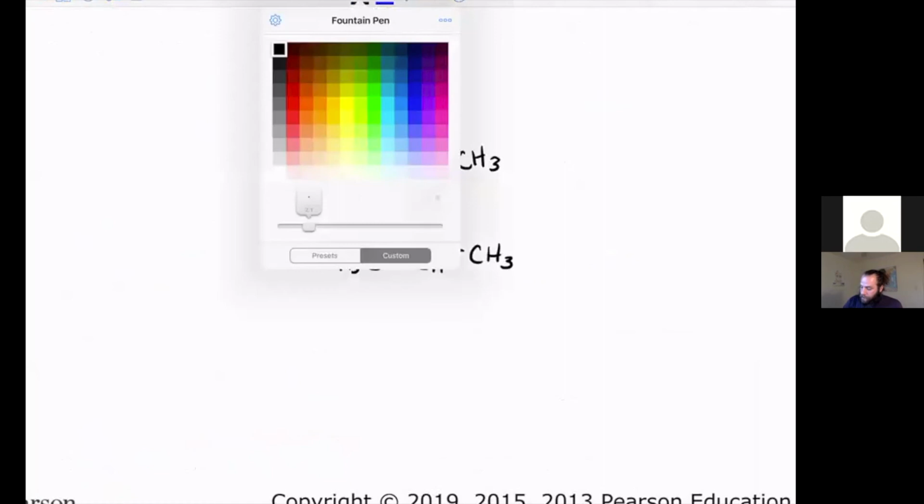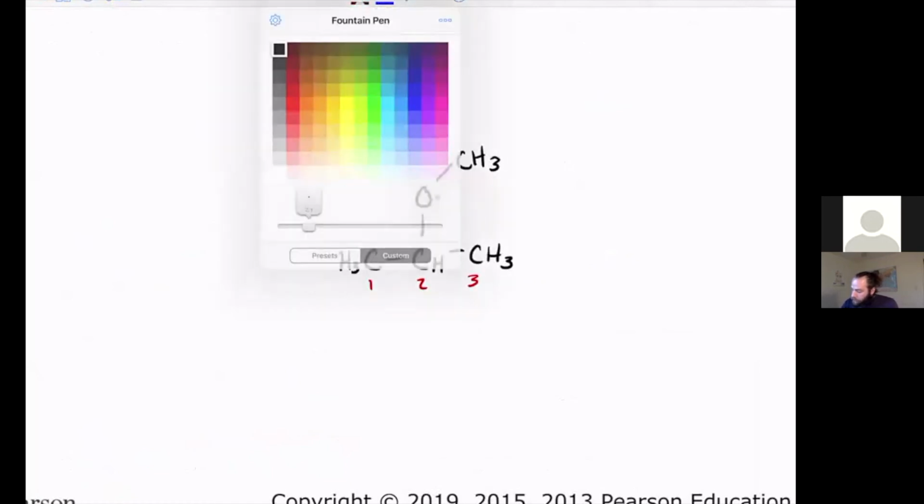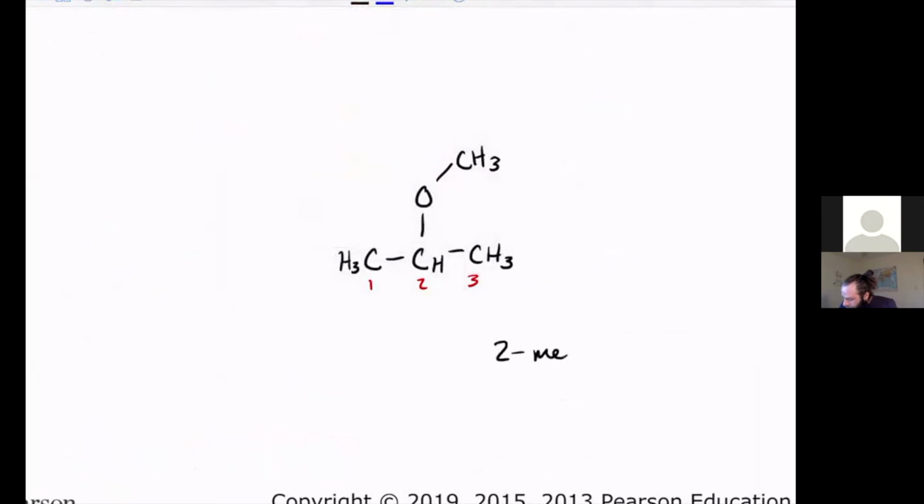Again, I have my parent chain that's 3 carbons long, but this would be 2-methoxypropane. Okay, so we're only going to worry about common names for the simplest of ethers.